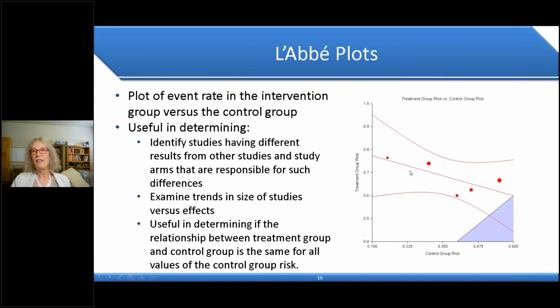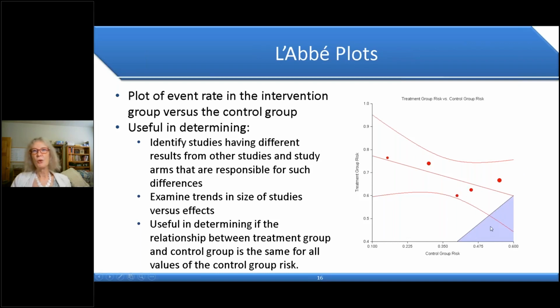And you can see there is not a consistent relationship. I mean, we can draw, and the program did it for me here, a linear regression, and these are the 95% confidence intervals. But one of the things it's telling us is that treatment group risk varies according to control group risk.